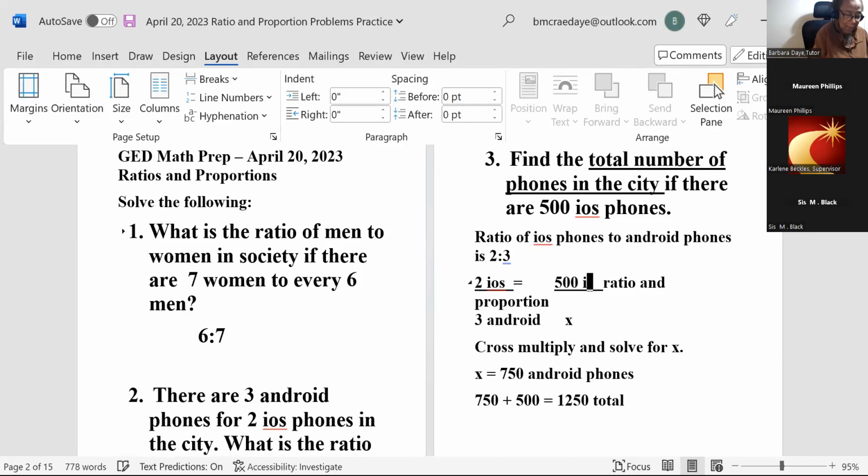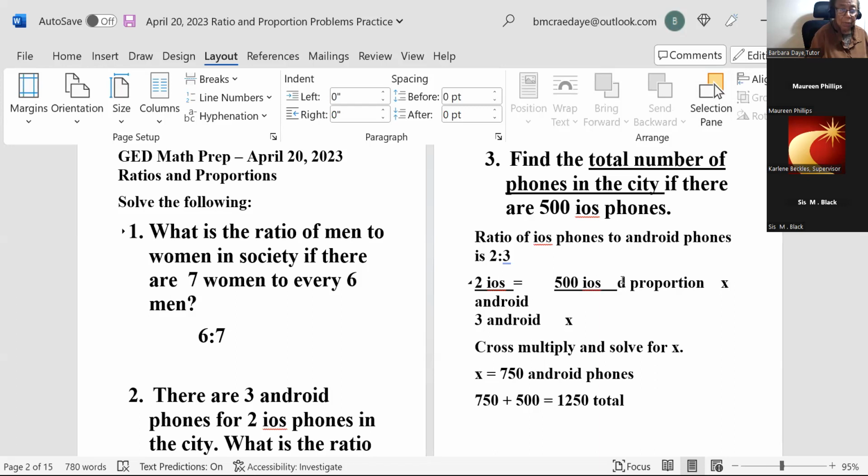Okay, so 500 iOS, and let's put the X here. X is the Android. So you have to divide the 1500 by the 2. Let me just take that ratio and proportion out and put it.